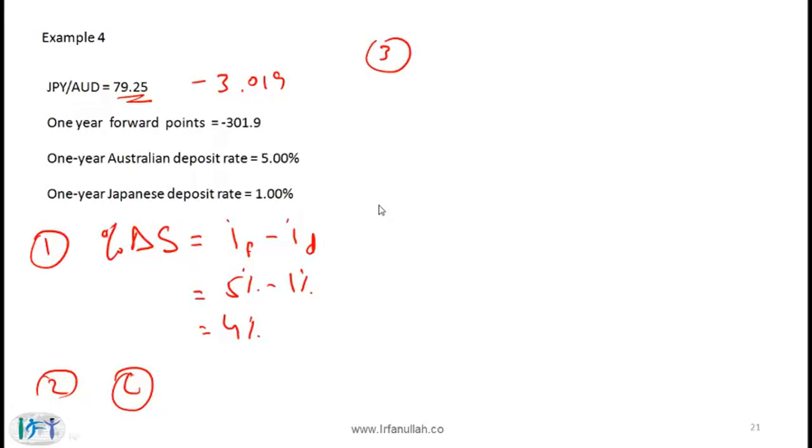Now recall from our earlier discussion, if we are predicting the future spot rate based on forward points, then effectively we are assuming that uncovered interest rate parity holds. And for uncovered interest rate parity to hold, the speculators or the investors must be risk neutral. So the correct answer for question 3 is A.